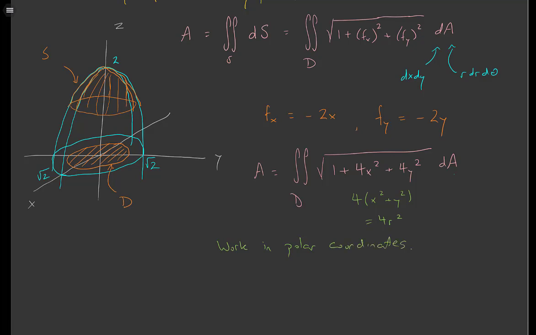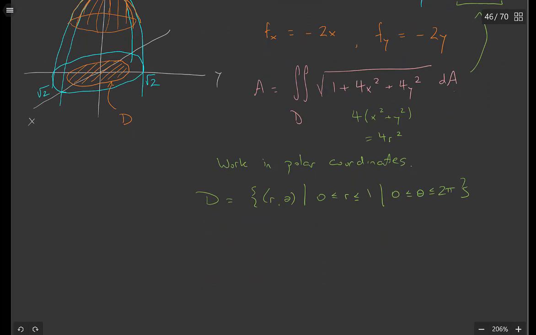This means we'll use r dr d theta for our dA, and the region that we're going to be integrating over is all points r, theta, such that r runs from 0 to 1, and theta runs from 0 to 2 pi.